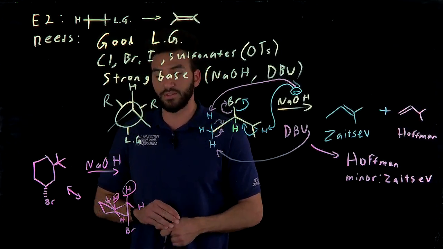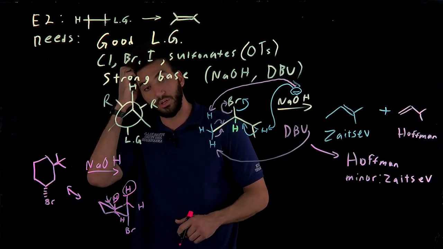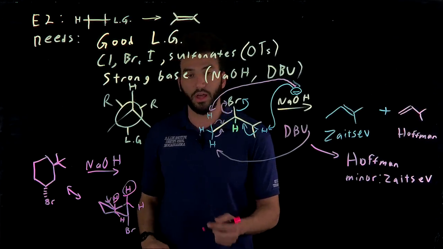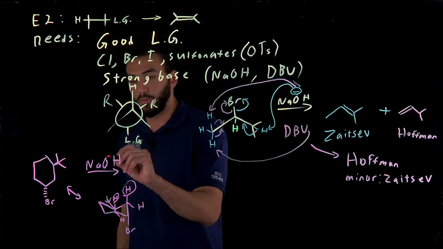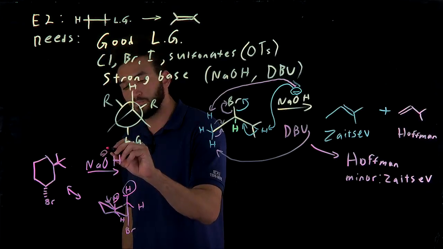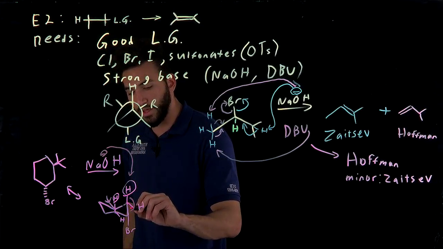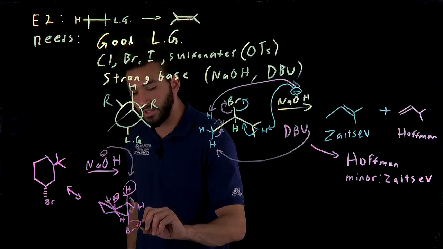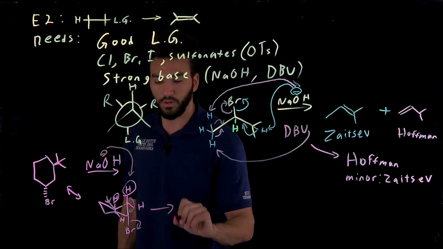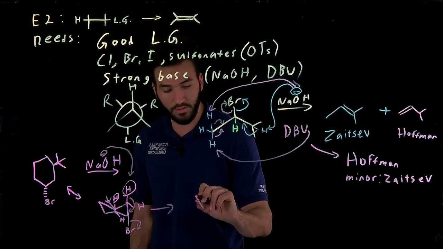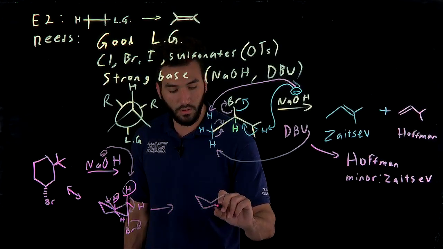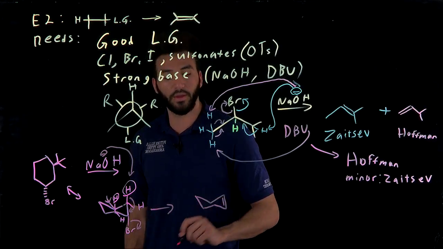So it doesn't matter which one you pull, but note that you will pull both, so you will have a mixture of products. So OH minus is going to come in and take that hydrogen, for example, that's going to form that bond. Br is going to leave, and you'll form this product, which will look like this. Double bond straight down there, just like that.